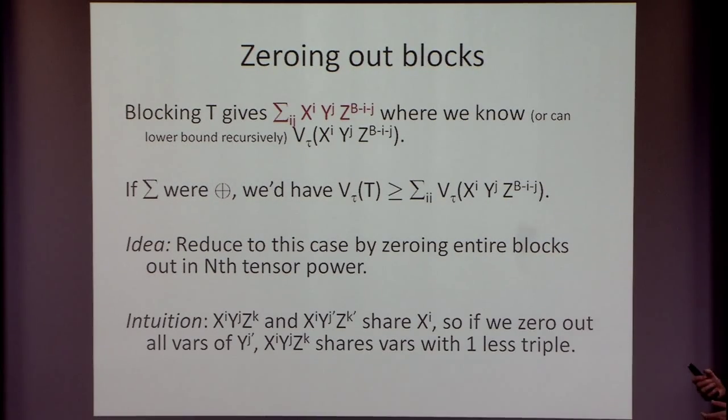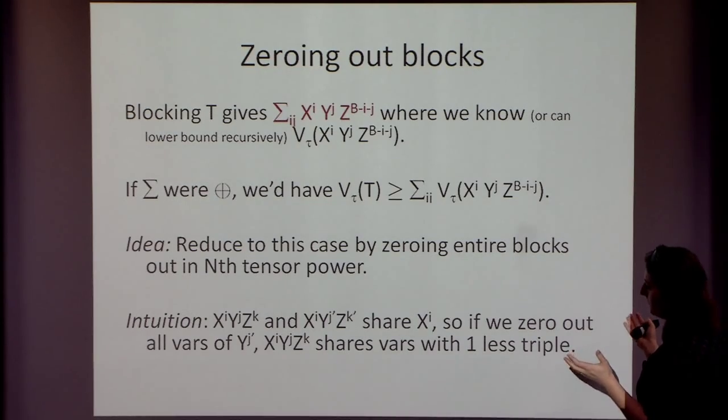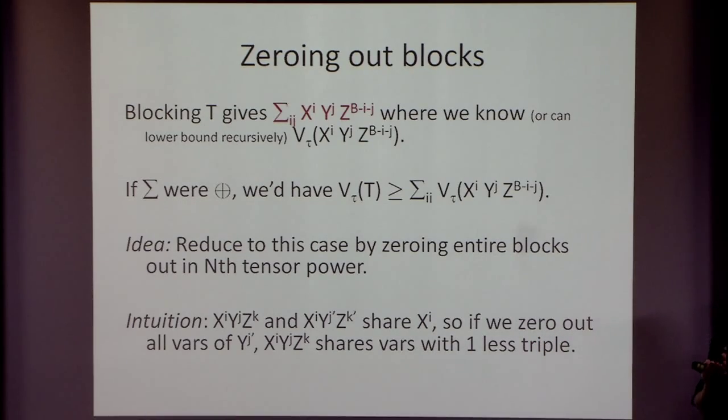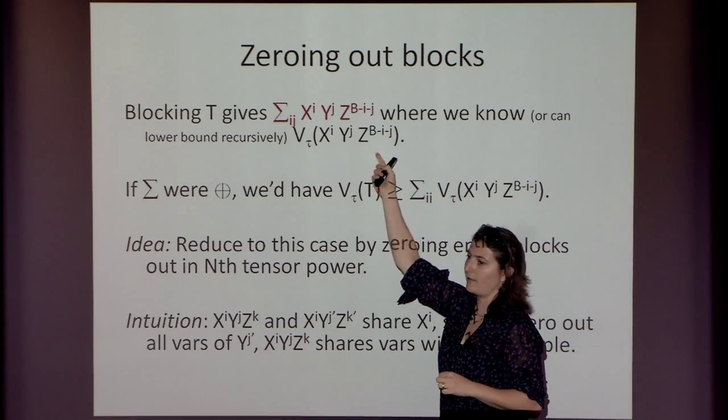The intuition is when I take the big tensor power, I again have some block triples, and if I set whole blocks of variables to 0, then actually I'll remove some shared variables. And there's a nice framework about how to do this in a principled manner, so as to retain a large fraction of these summands.